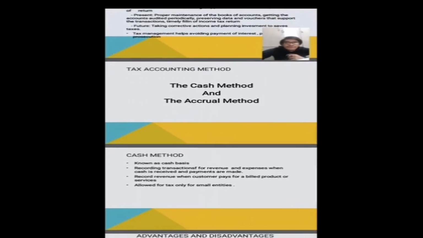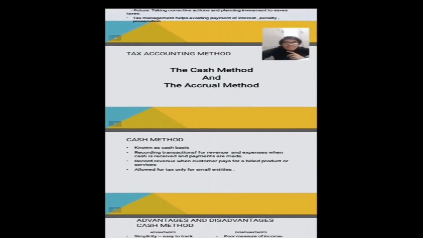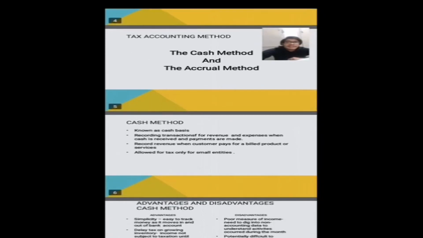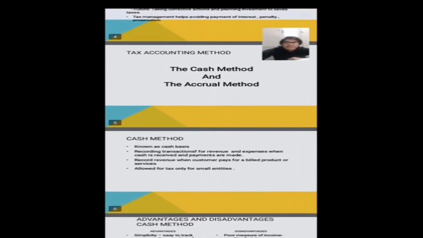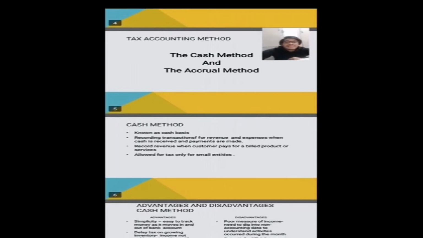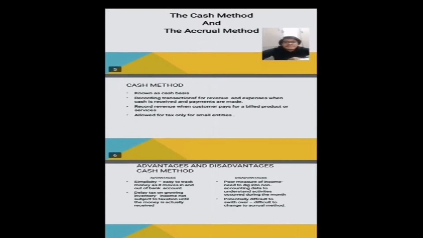So we move to the tax accounting methods. In tax accounting methods, there are two methods, which is the cash method and the accrual method. These are also known as cash basis and accrual basis, or cash accounting and accrual accounting. It seems the definition is the same.